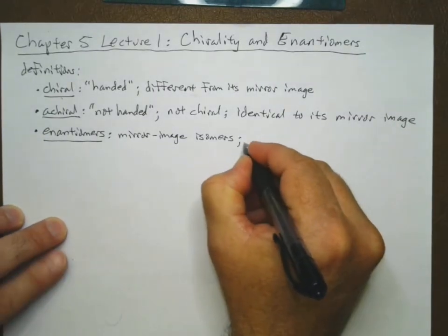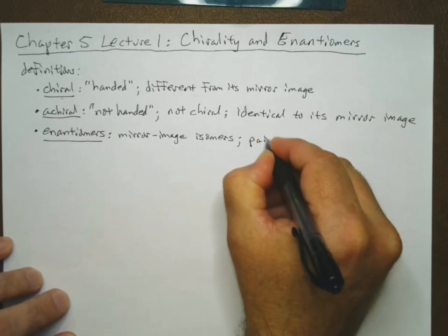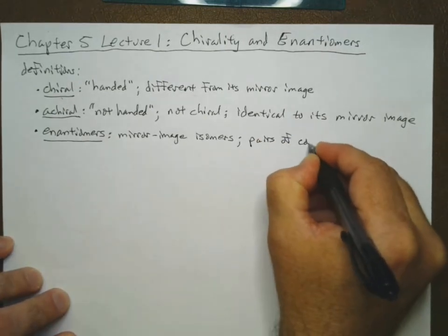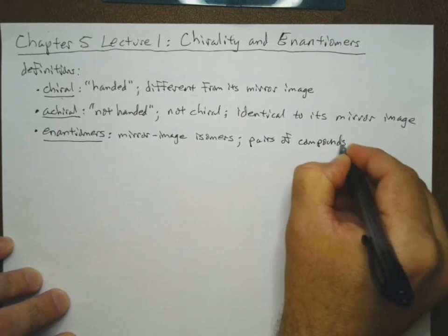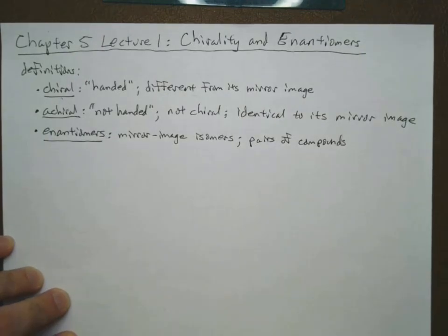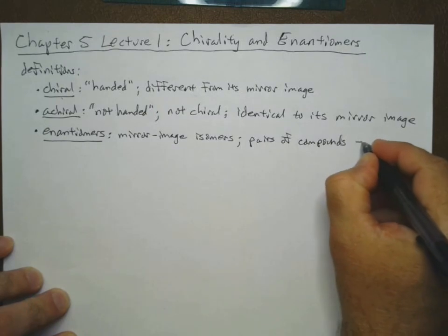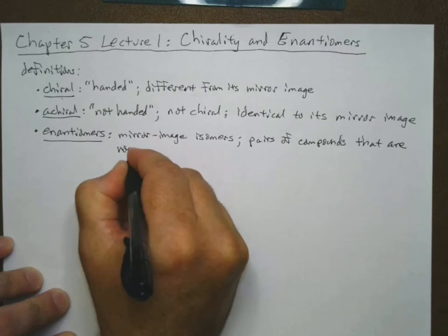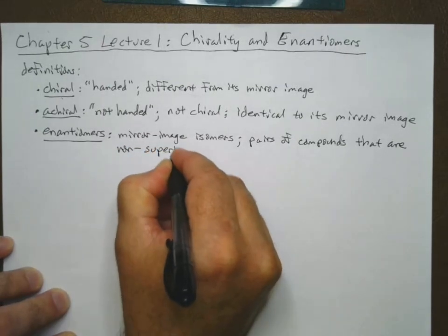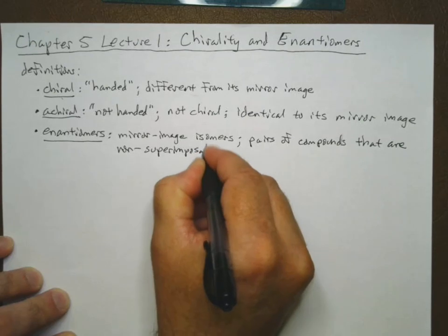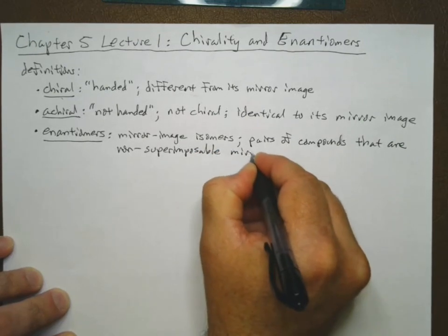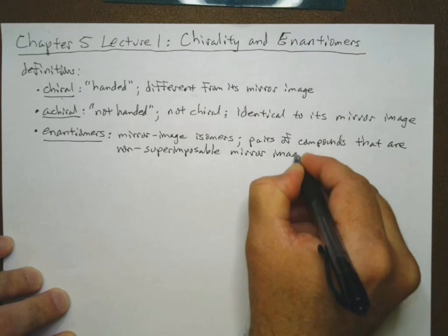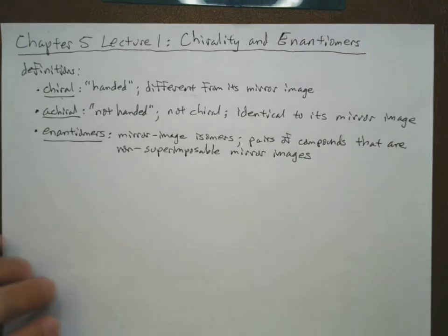They're pairs of compounds that are non-superimposable mirror images. So again, we can have molecules that are chiral.